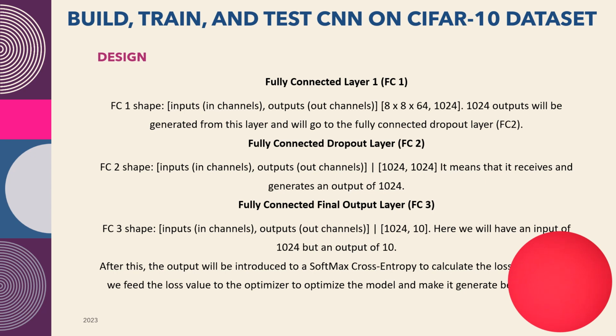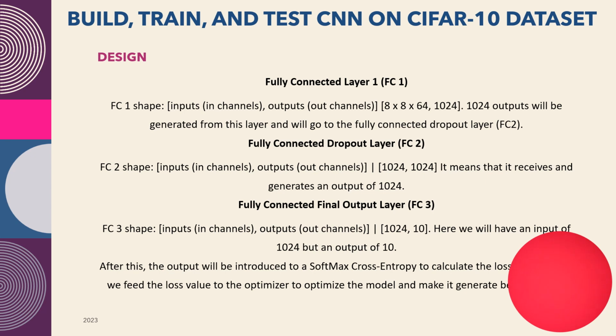The fully connected final output layer number 3 has a shape of inputs in channels, outputs out channels of 1024, and the outputs will be 10. Here we'll have an input of 1024, but an output of 10.